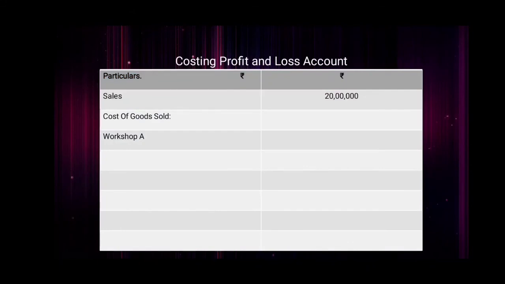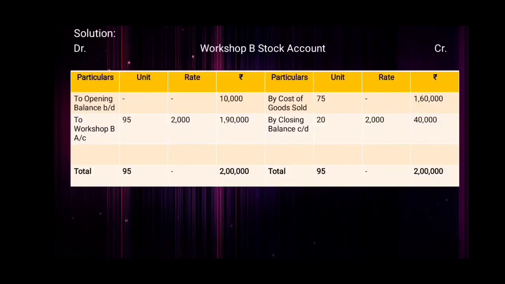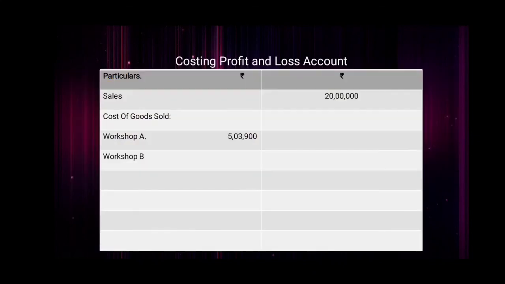So we'll record it in costing profit and loss account, workshop A, 5,03,900. From workshop B stock account, cost of goods sold, total amount is given as 1,60,000. So we'll record it in costing profit and loss account, workshop B, 1,60,000.